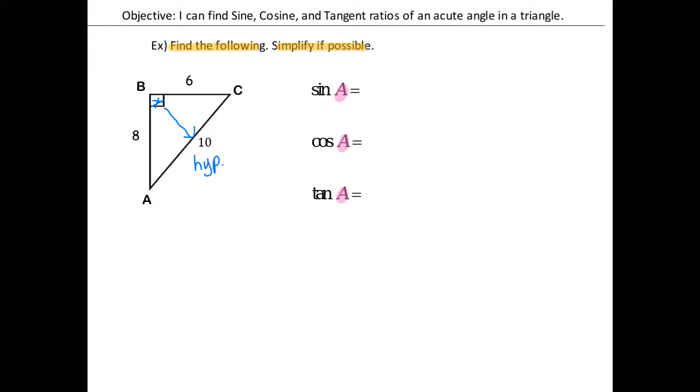So my angle A is this bottom one, and I'm going to put an arc at the angle so I know that's the angle I'm looking for. The side across the angle we labeled as what? Opposite, thank you. Which leaves 8 as the adjacent side.